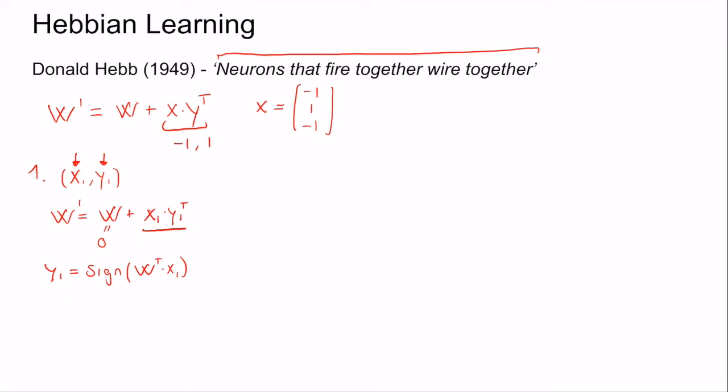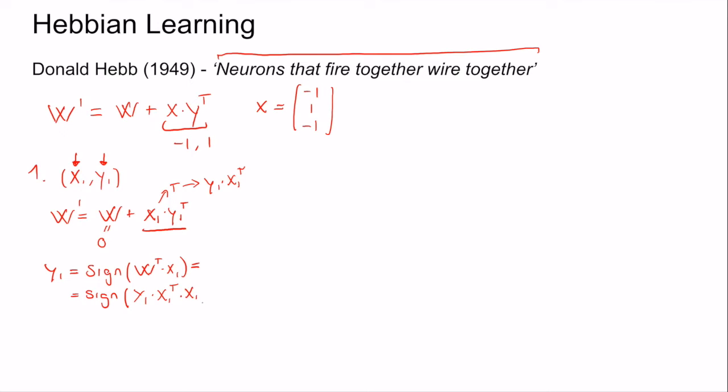Okay, so we have that the sine of W transposed times x1 is also the sine function of y1 times x1 transpose times x1, because the transpose of this is y1 times x1 transpose.